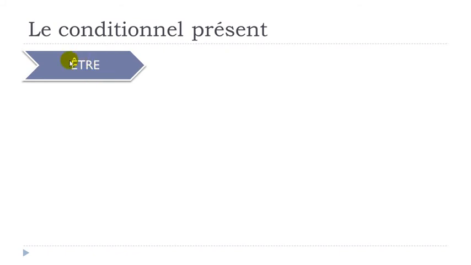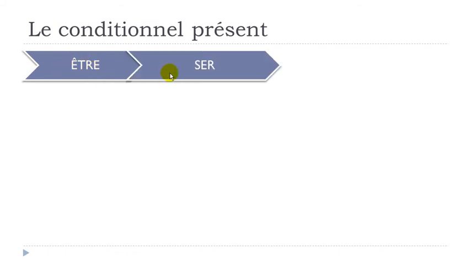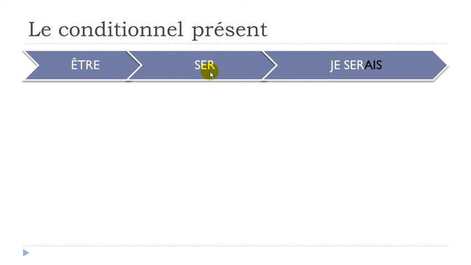So être will become ser. All right? And then after that, you will have to put the endings. Je serais. All right? So you will keep this ser all the time for your conjugation. And after that, you will add all the endings that we saw. Okay?